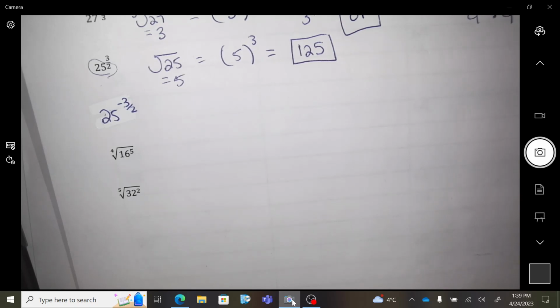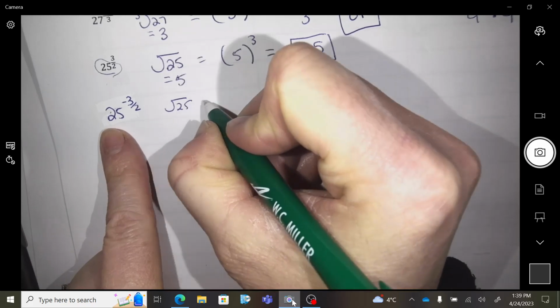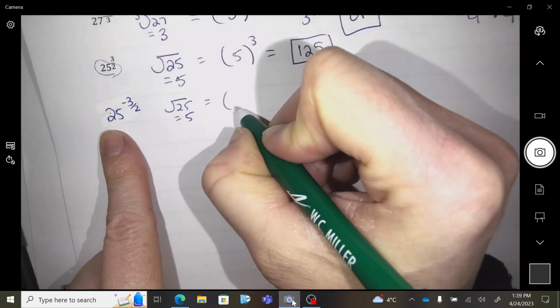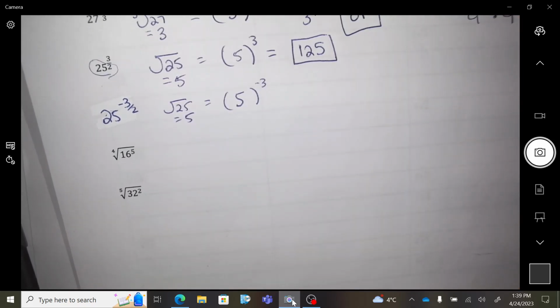Okay. This is so close to the last one, but it's not. Okay, so I'm going to do the square root of 25 equals 5. And then I do 5 then to the negative 3.